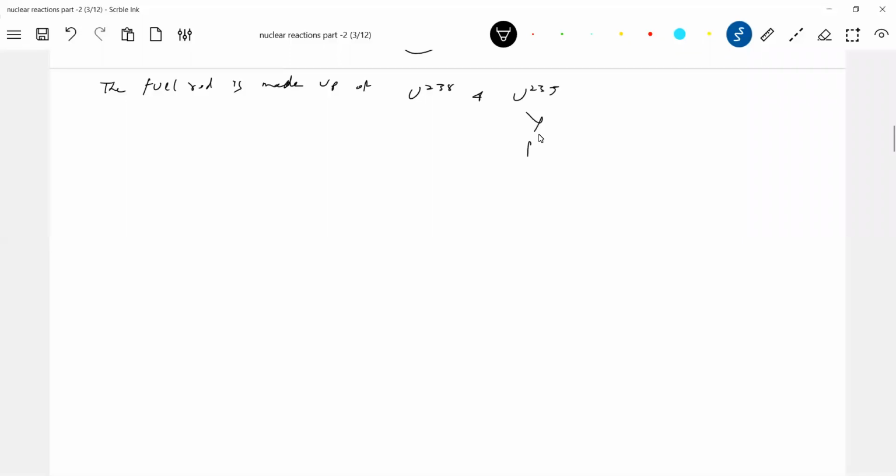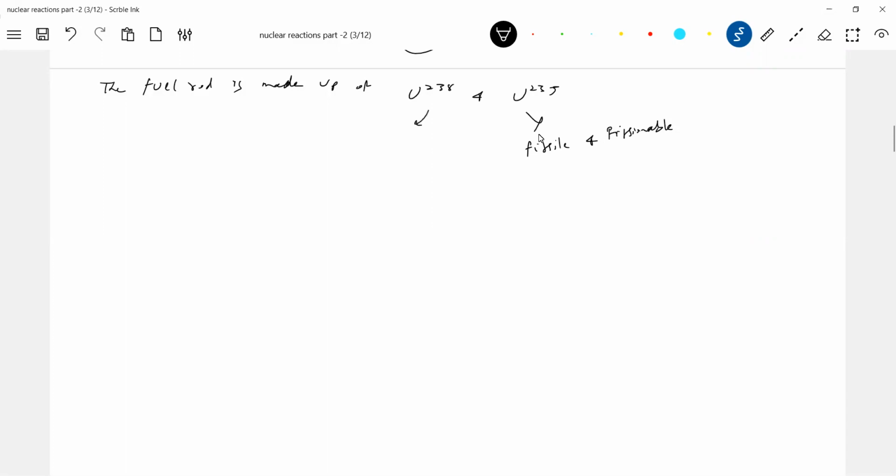So this one is fissile and fissionable, meaning it will break up into two middleweight fragments.